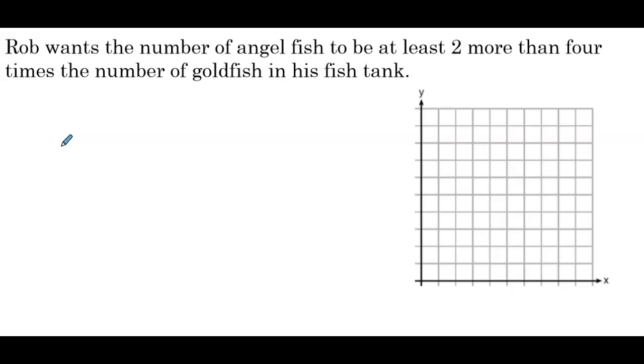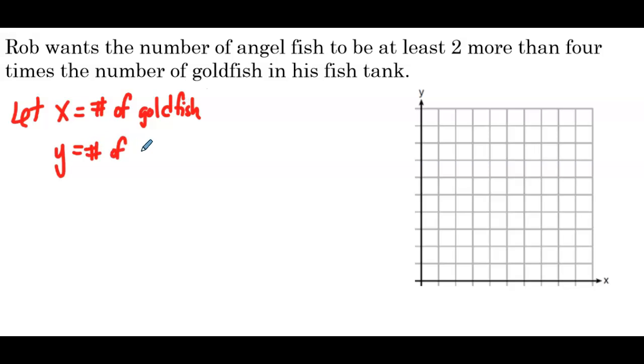Rob wants the number of angelfish to be at least 2 more than 4 times the number of goldfish in his tank. So let x be equal to, y be equal to. So the number of angelfish is defined in terms of the number of goldfish. So we'll let x be the number of goldfish, and y be the number of angelfish.